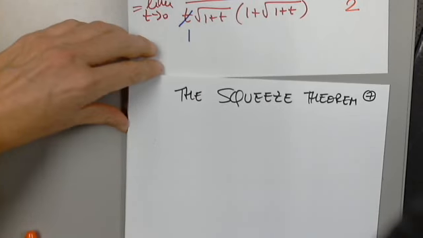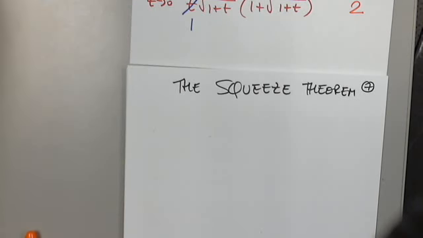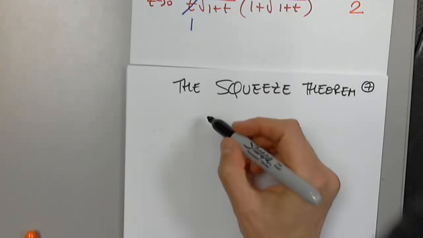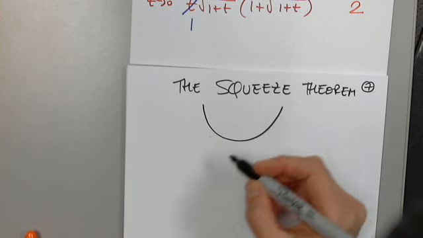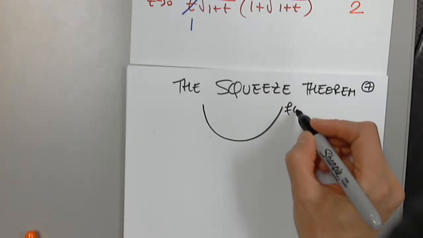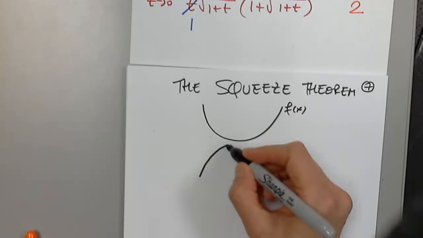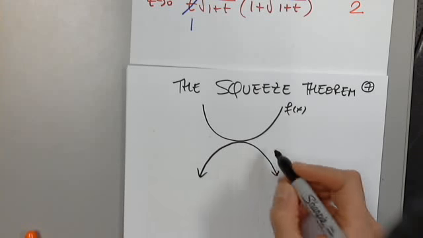But let's back up a little bit. Okay. So here's the idea. So let's say I have this function, which is f of x. Now let's say I have this function, which is g of x.